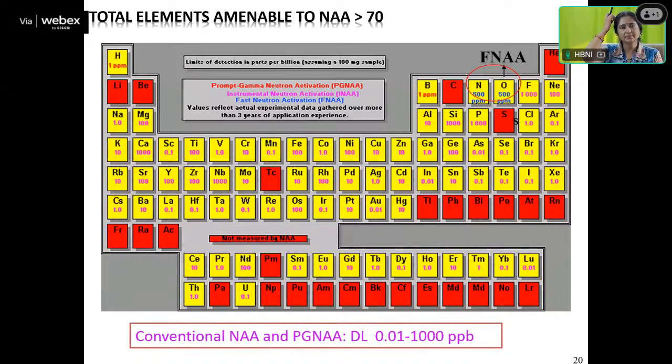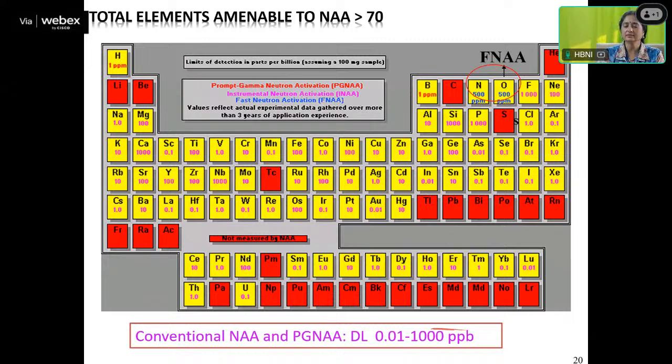Now this is a periodic table with a color code showing the conventional NAA and PGNAA elements. The detection limit is around 0.01 to 1000 ppb. The red color elements are amenable to prompt gamma neutron activation analysis. The magenta color elements are for instrumental neutron activation analysis.